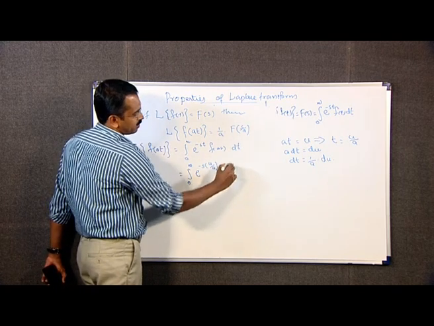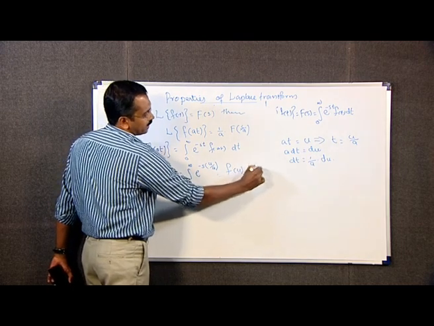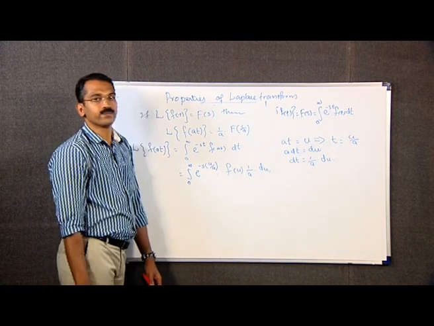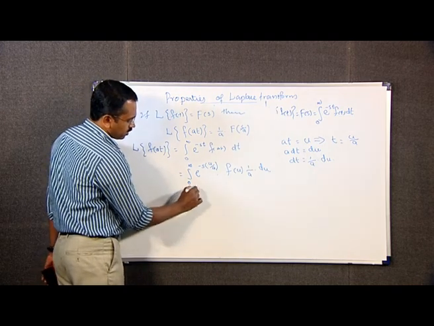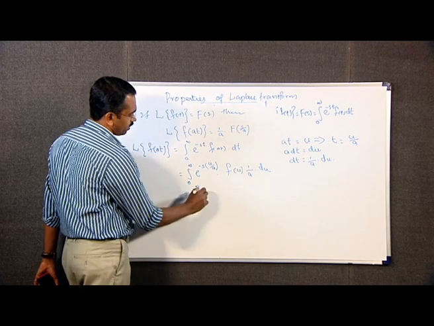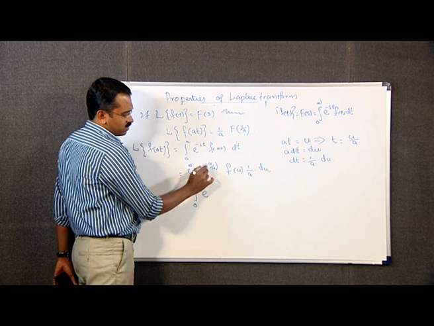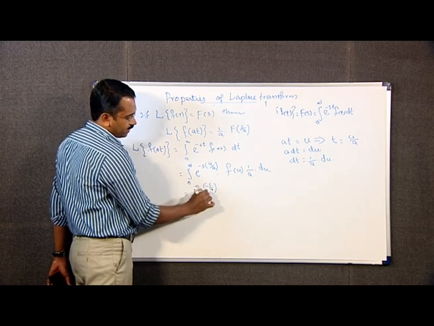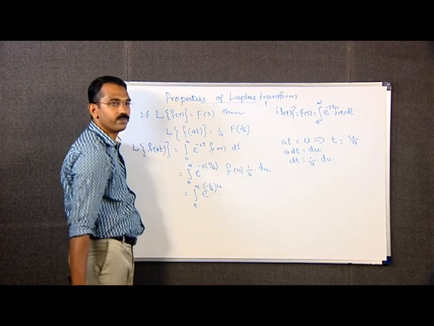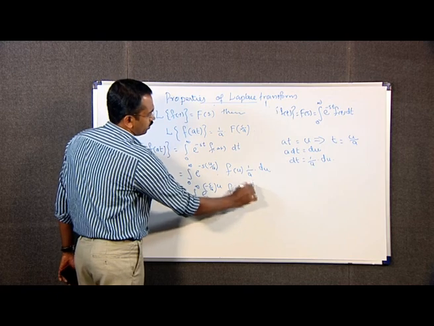f of a t means f of u, dt is 1 by a du, which is equal to integral from 0 to infinity e raised to minus s by a into u, f of u du.